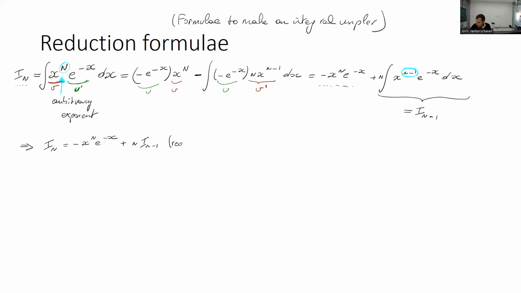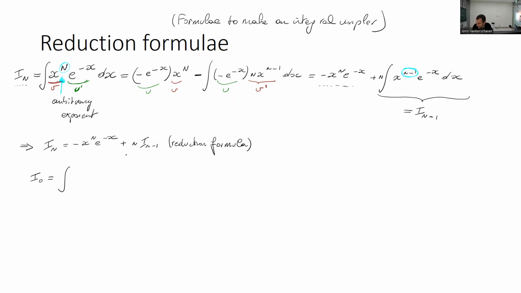This is an example of a reduction formula, because what you have is an expression for a complicated integral I_n as a function of a slightly less complicated integral. You can use this formula to find what I_n is for different values of n. So let's see this in practice. Let's start with I_0.